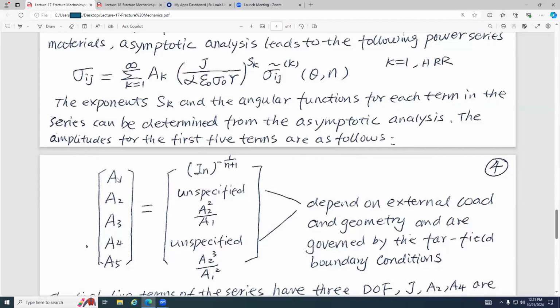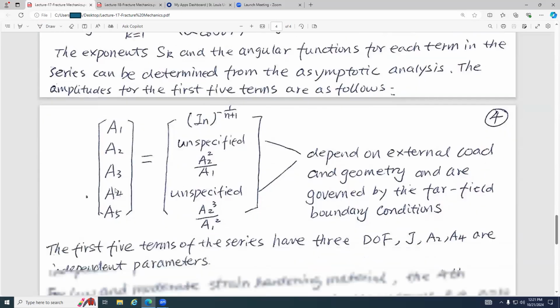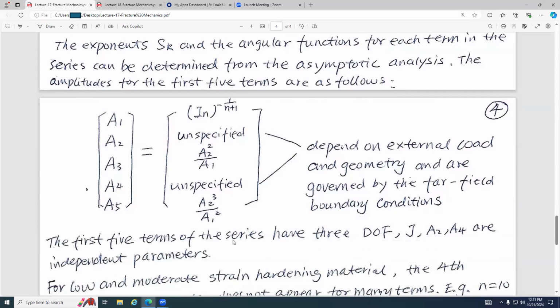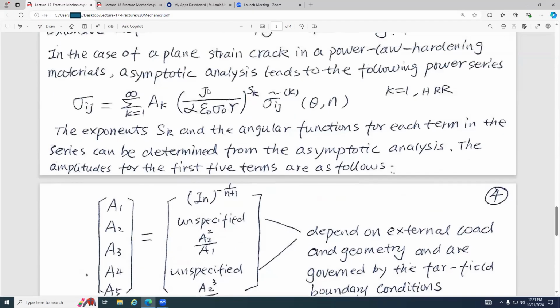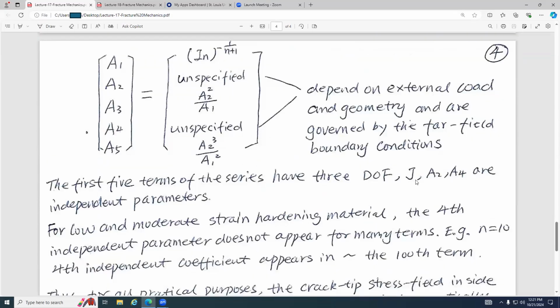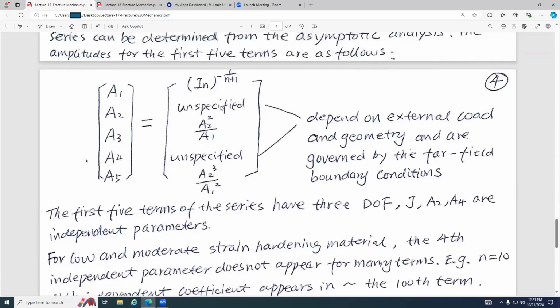So you can get A1 first, okay? The first 5 terms of the series have 3 degrees of freedom. What are they? They are J, definitely, and A2 and A4, because I_n is dimensionless.